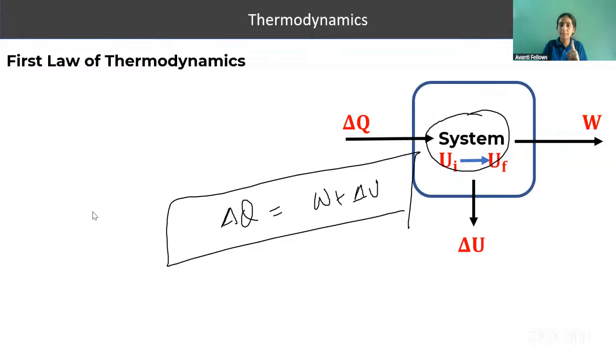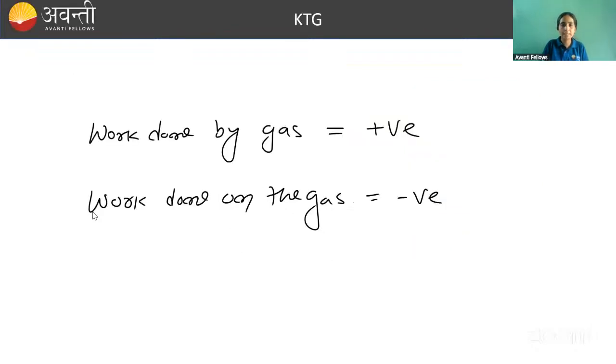Now, here there are two terms, work done, sorry, three terms, work done, change in internal energy, and heat energy given to the system here. So we need to deal with the sign convention. Whenever work is getting done by the system, okay? So work done by the system is taken as positive, and work done on the system is taken as what?